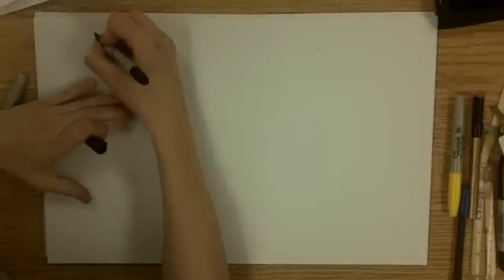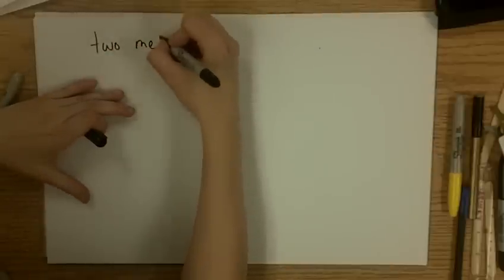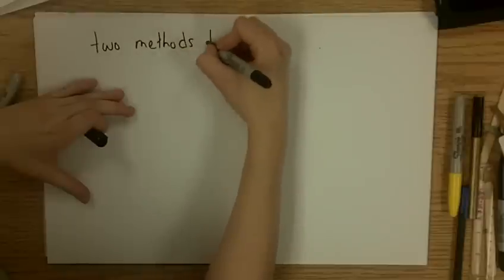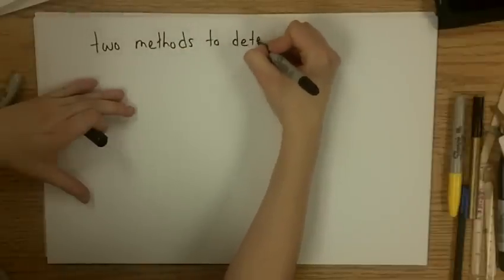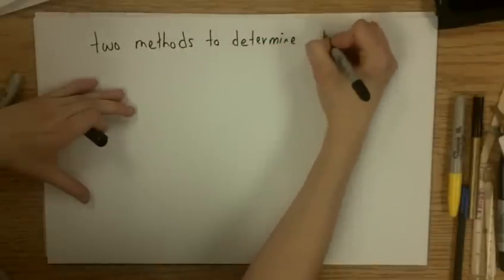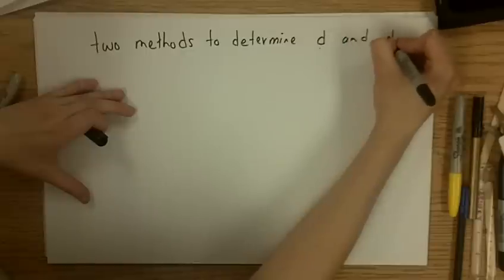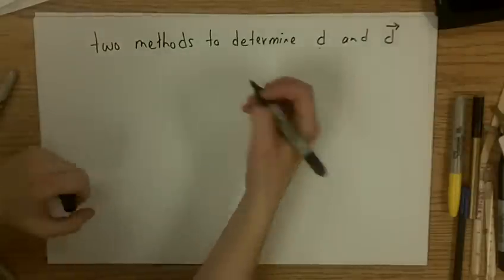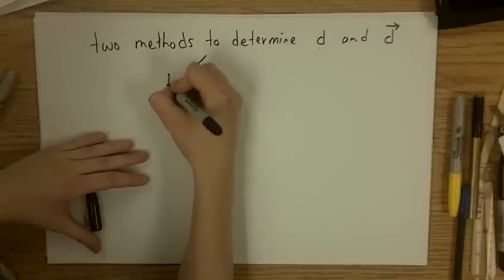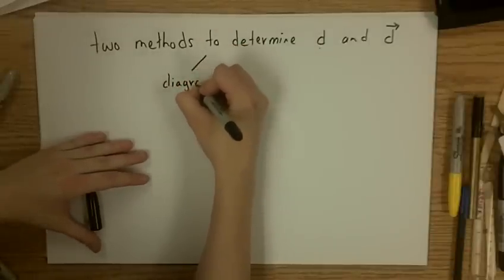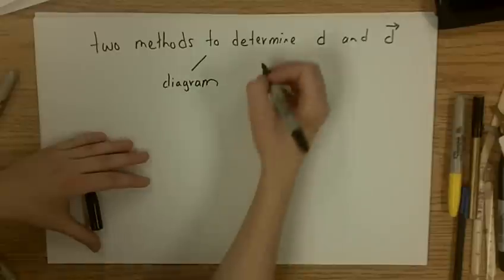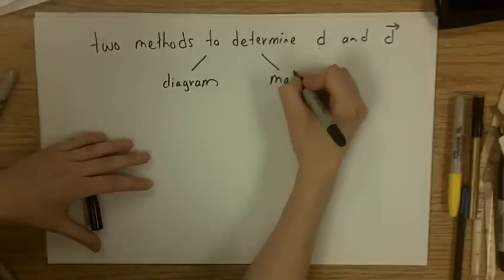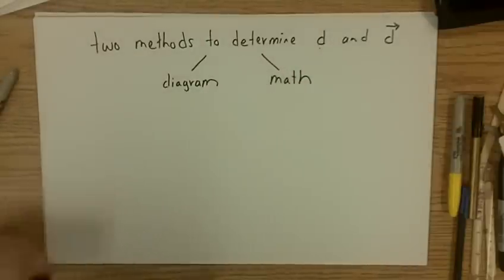There are 2 methods to determine distance and displacement. You can use either of these methods in any question. It just depends on what feels best for you. There's the diagram method, where you draw a picture, or there's the mathematical method, where you use math.